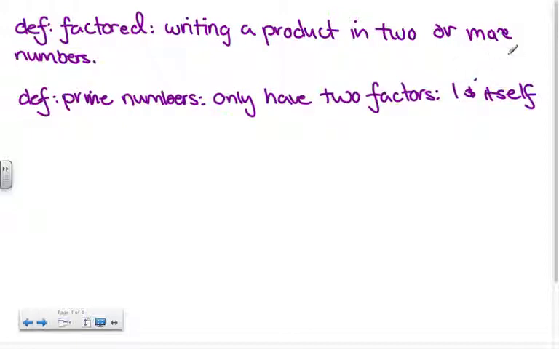So, for example, it's usually nice to memorize the prime number system, or memorize the first few prime numbers that are so.